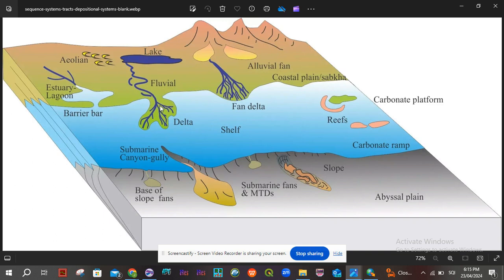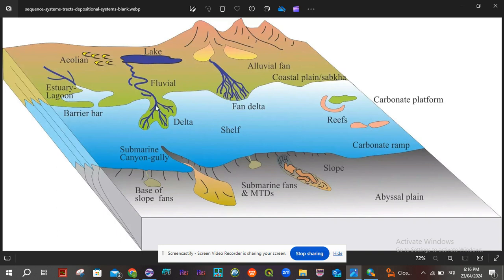We have some cases where the energy of the water in the marine is quite higher. In this case, we have energy from the river coming in much higher than the energy of the marine water, so we have a fluvial dominated delta.